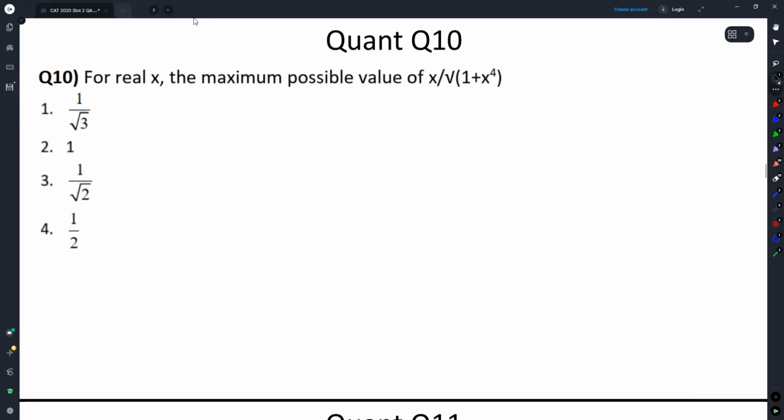For real x, the maximum possible value of x by under root 1 plus x raised to the power 4. Round 2. Straight away jump to round 2. I can't see what is to be done.